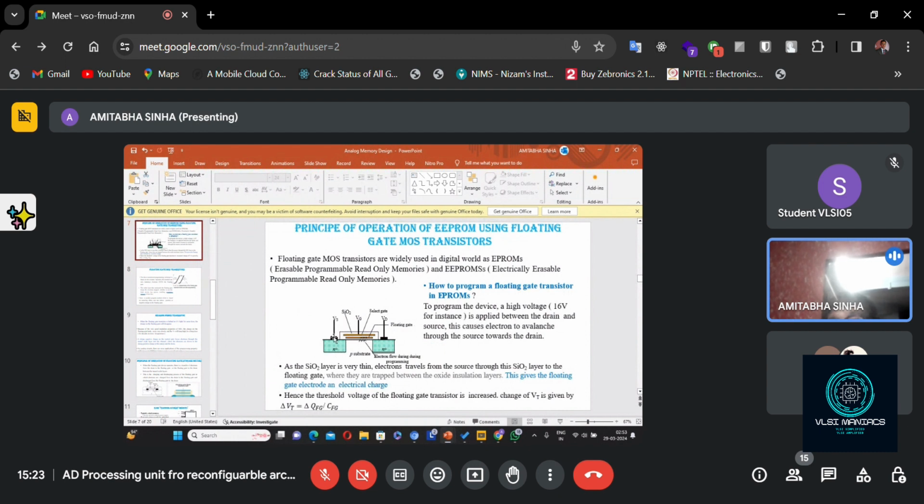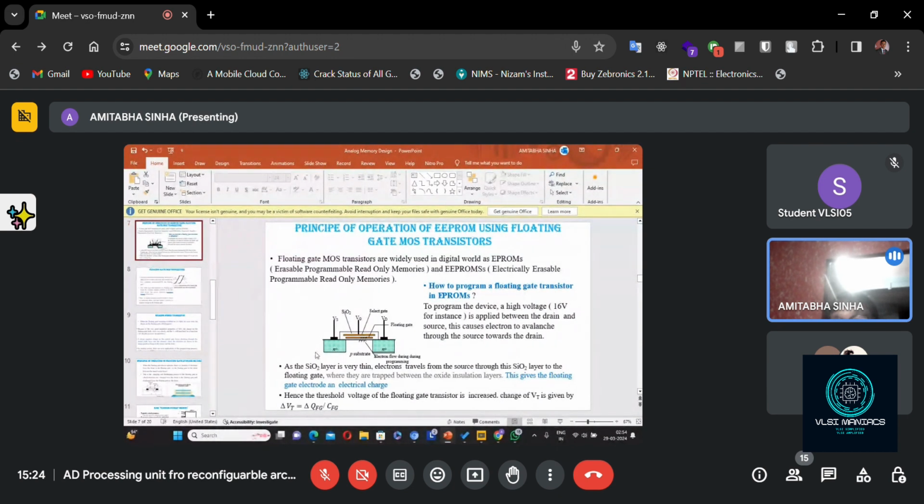That doesn't depend on whether there is any voltage source at VD or VS or not. It doesn't matter. The charge will be there. And depending on the charge, for a given gate voltage, current will be passing through it or not. So in that way, you can make the mechanism of 0 and 1, which is stored.